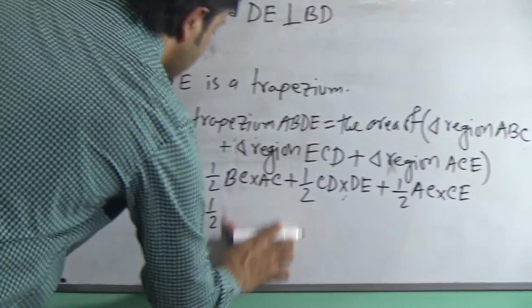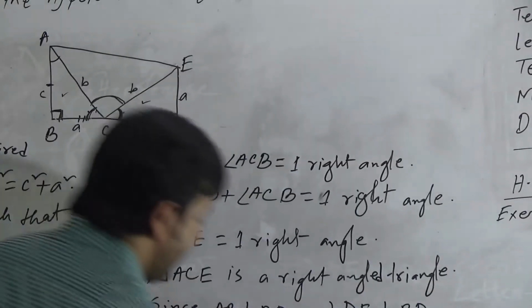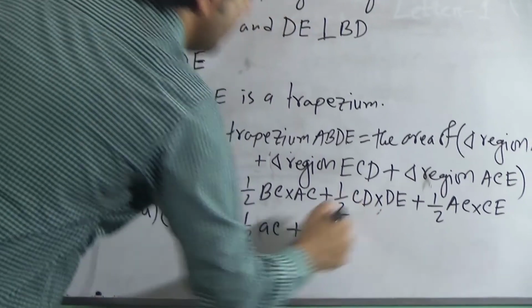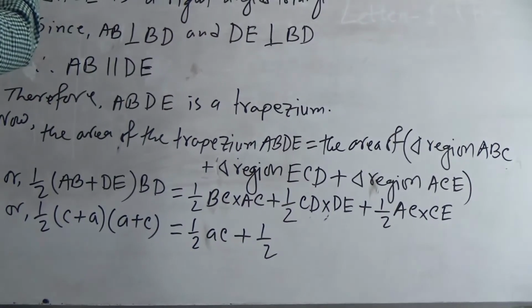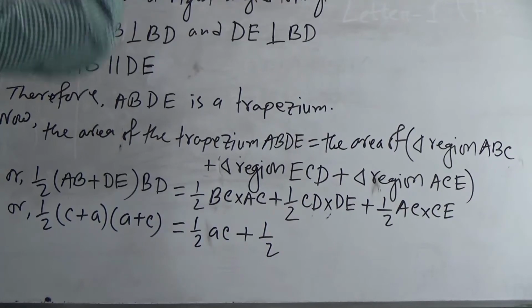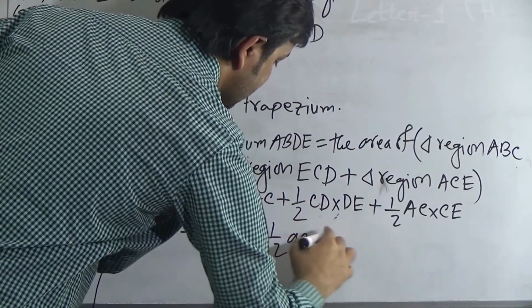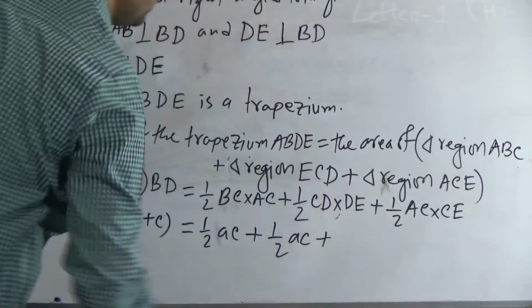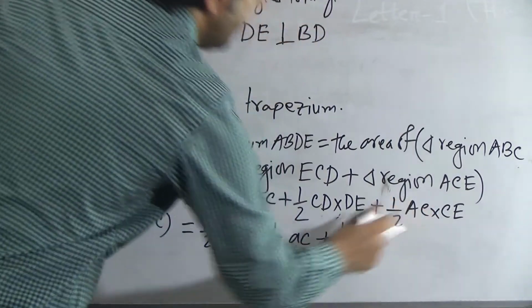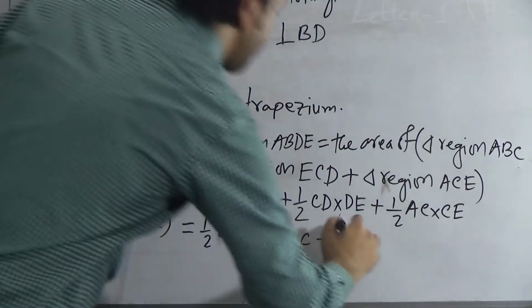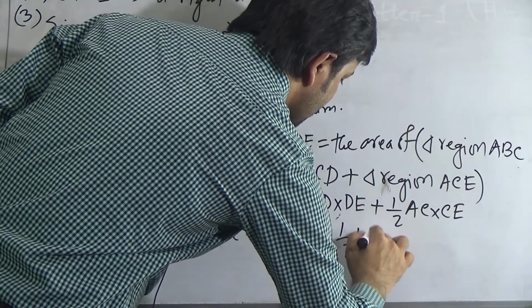BC means A and AB means C, so this will be AC plus half. CD means C and DE means A, so this will also be AC plus half. Here AC means B and CE means B, so B into B.